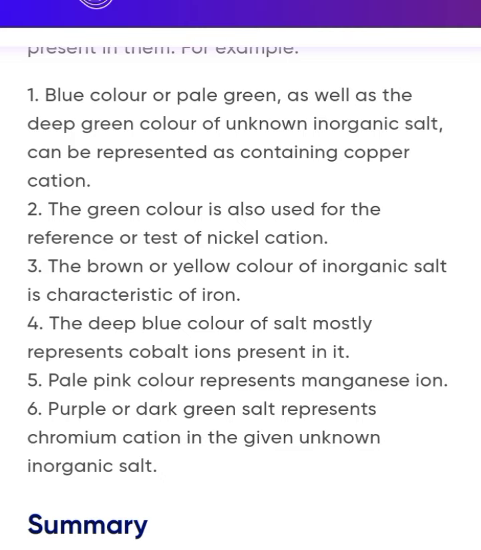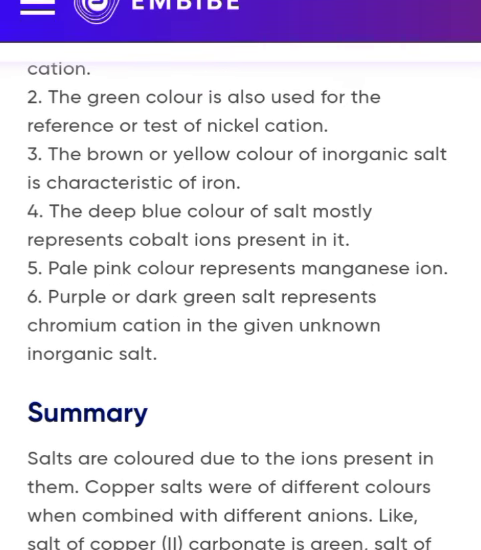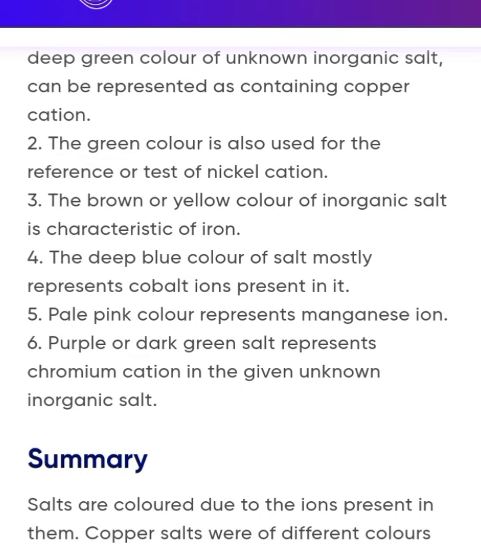We also use it for reference or tests of unknown cations. The brown or yellow color, remember when we're dealing with iron 3 and iron 2, this still tells us about iron. Then a deep blue salt mostly represents cobalt.